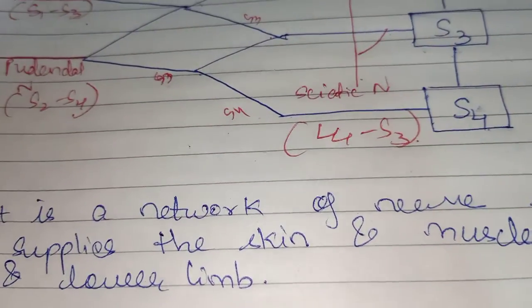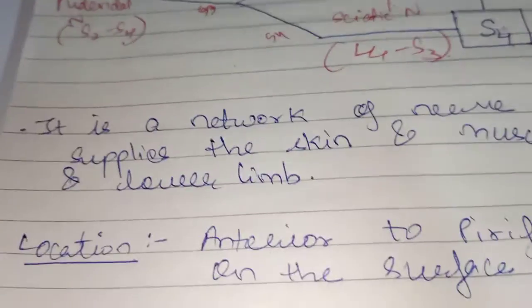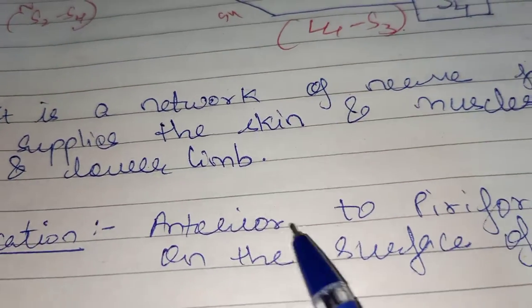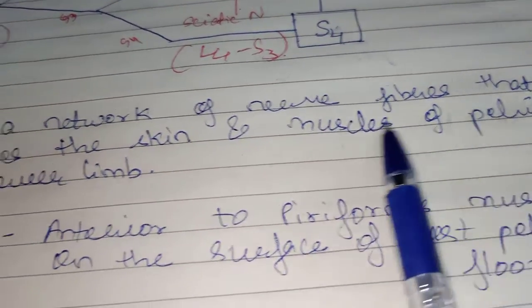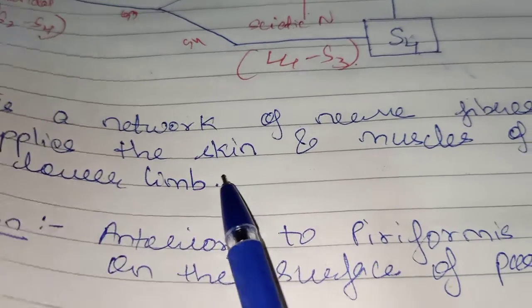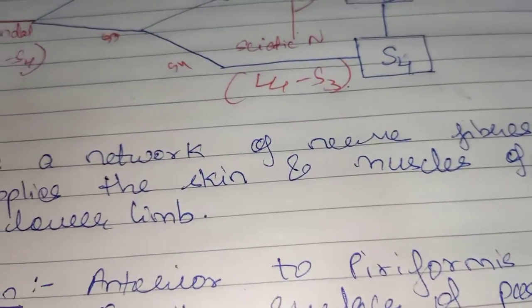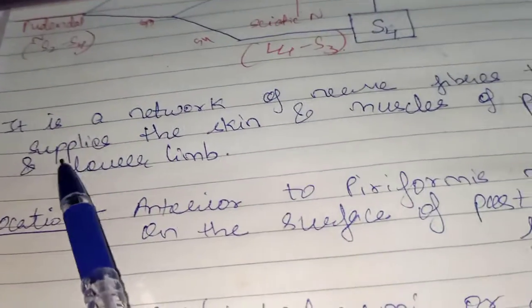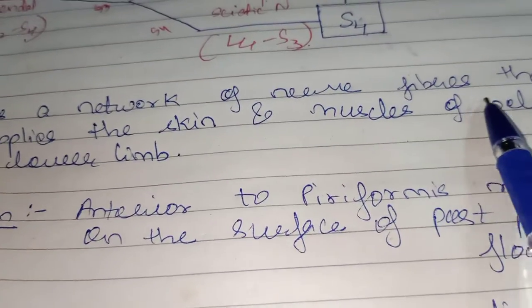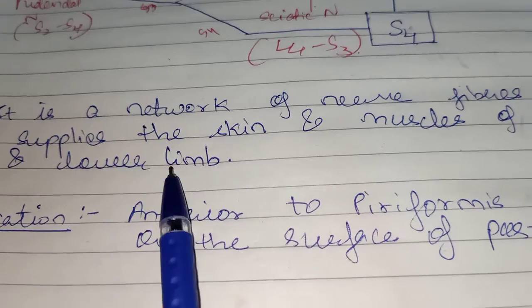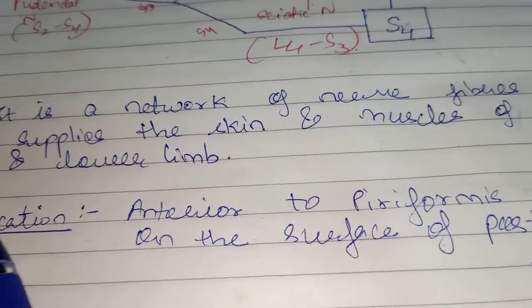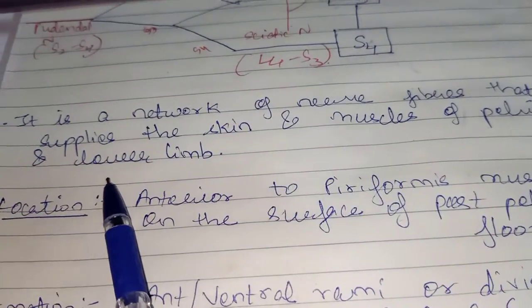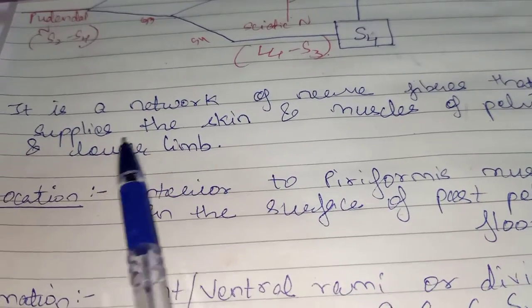Now, what is sacral plexus? It is a network of nerve fibers that supplies the skin and muscles of the pelvis and lower limb. So plexus is what?